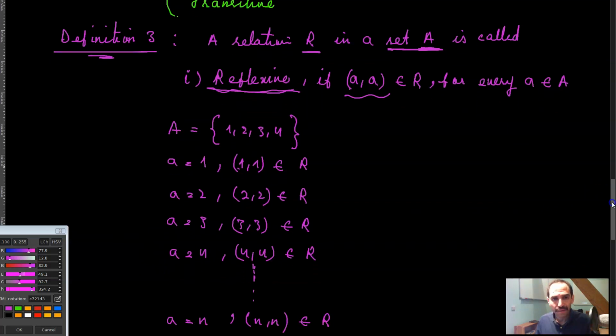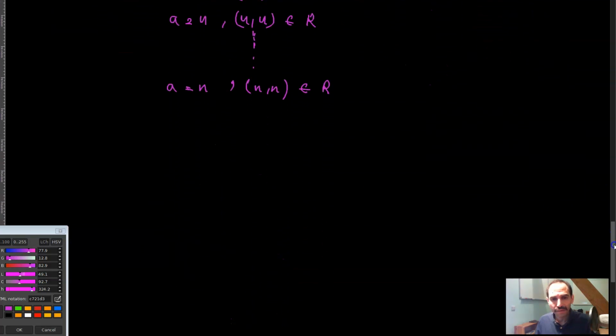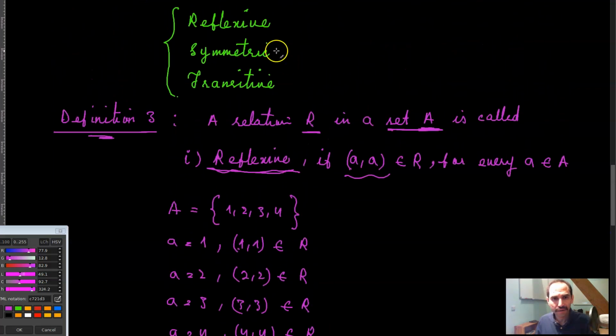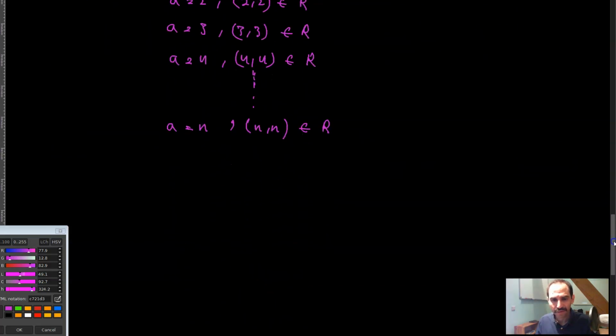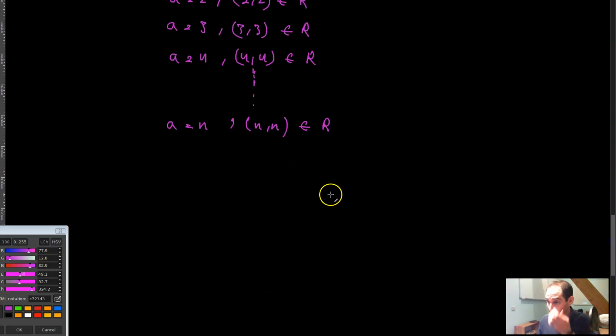Now the second part is symmetric. So now we know what reflexive is; let's see what symmetric is.